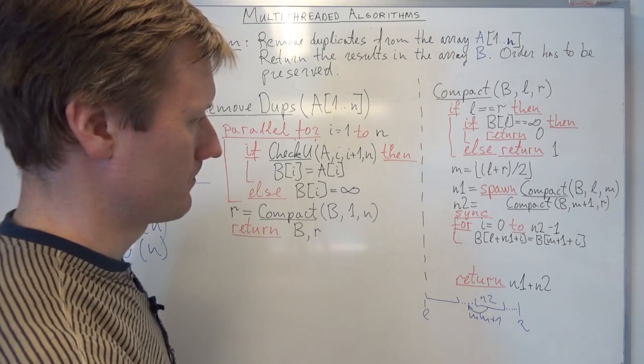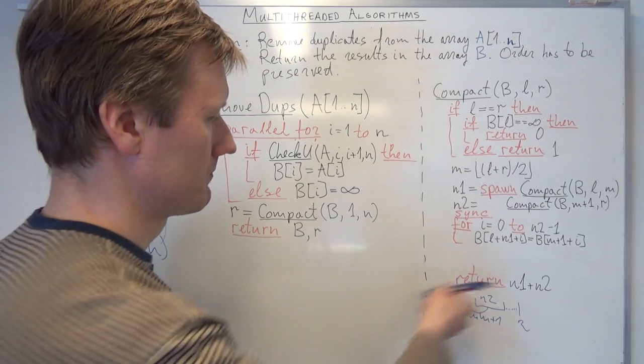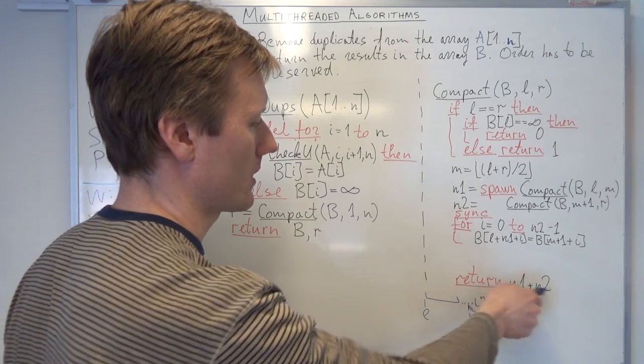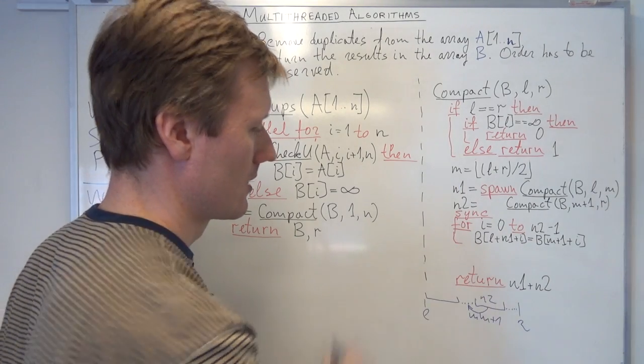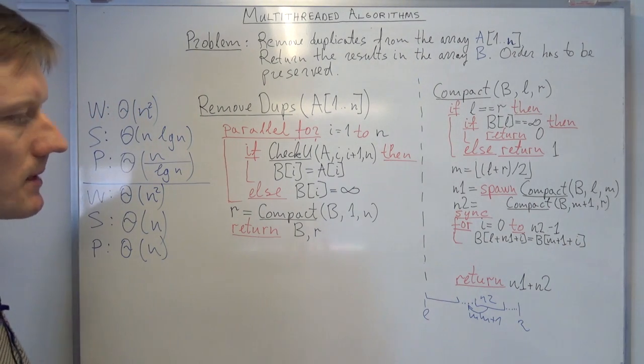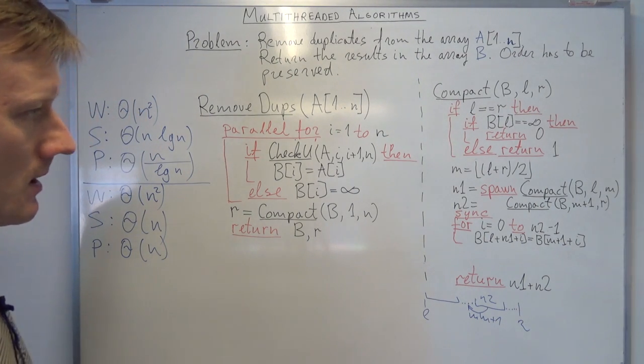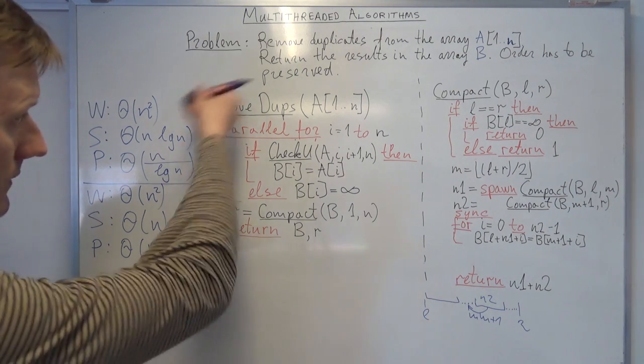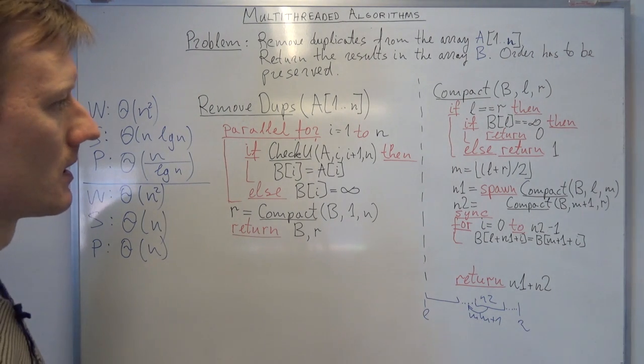We do this moving. And we return the sum of n1 and n2. That's the number of elements in the compacted array. Okay, so this seems to be a correct algorithm. Let's analyze the work and the span of the whole algorithm.